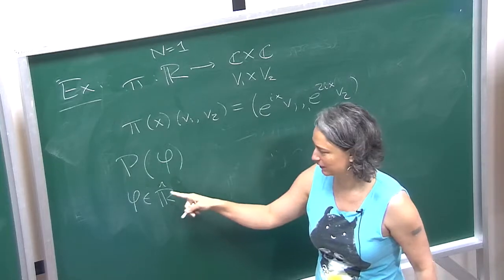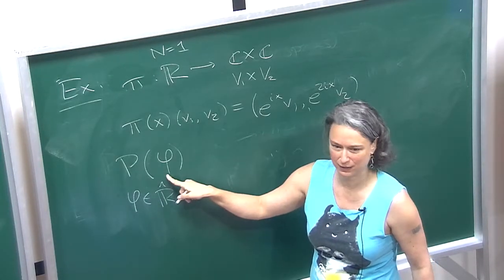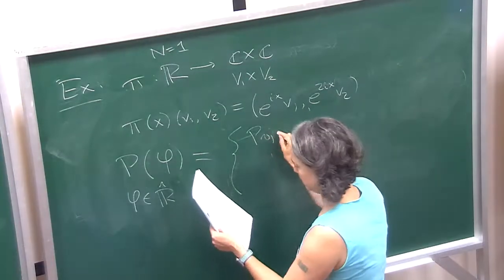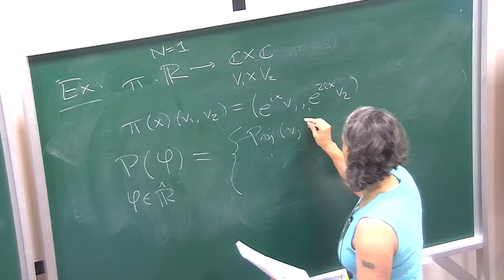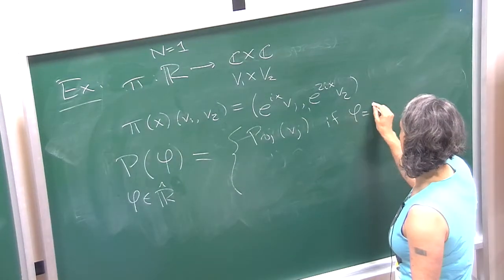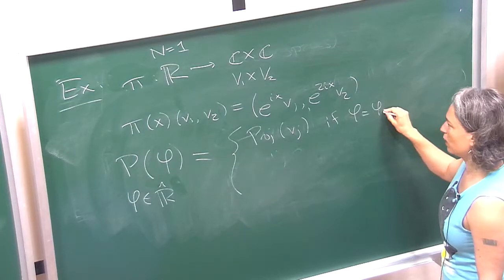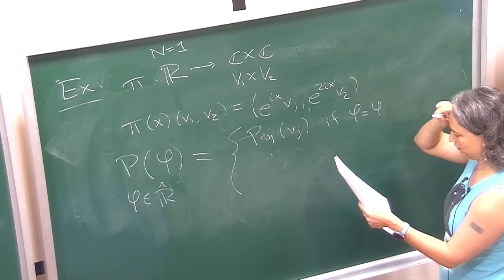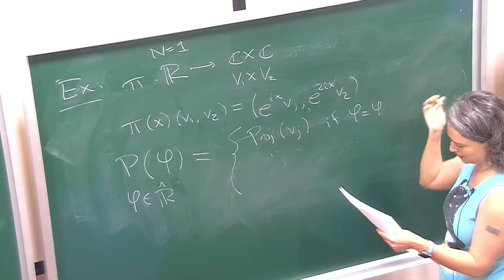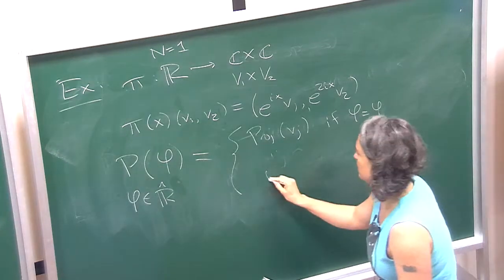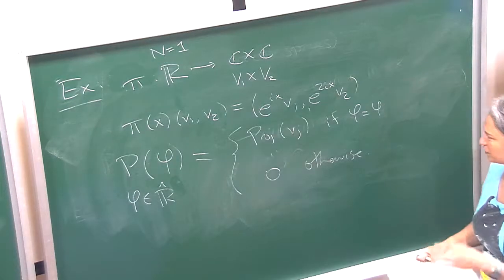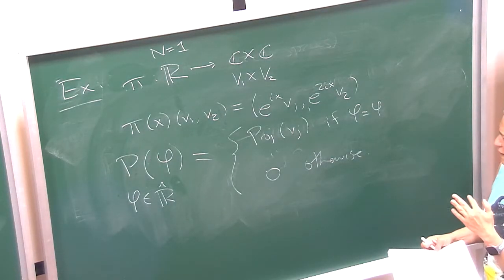So P of phi is going to be a function, and this is going to be the projection onto Vj if phi is equal to j, 0 otherwise.